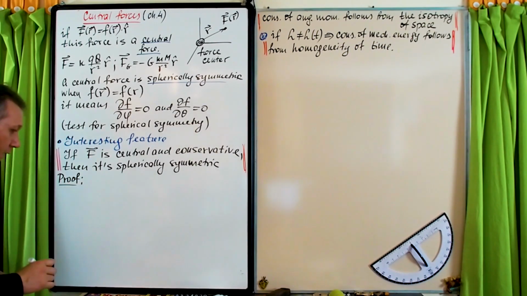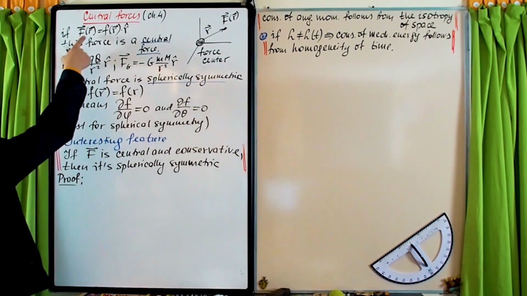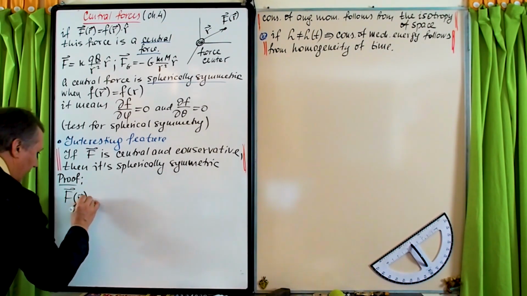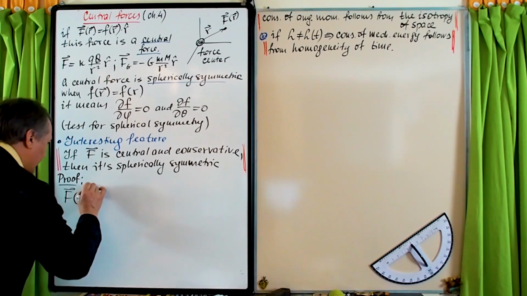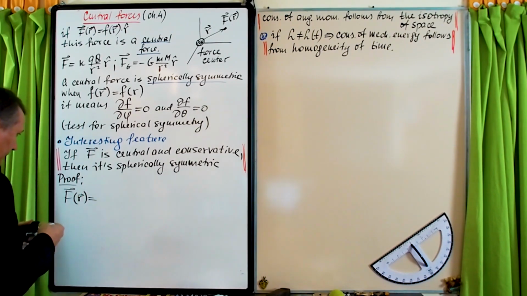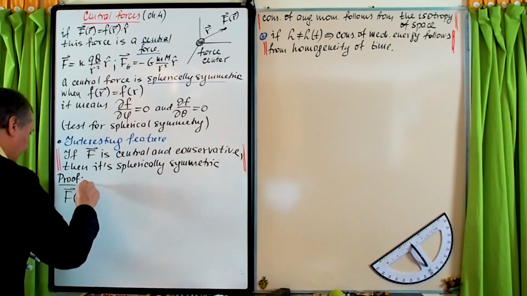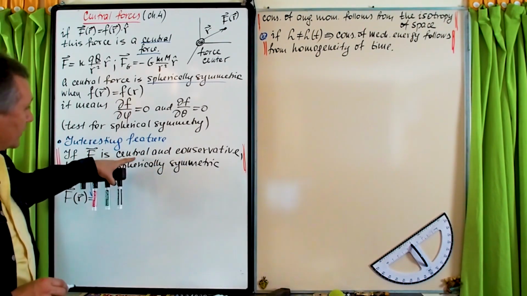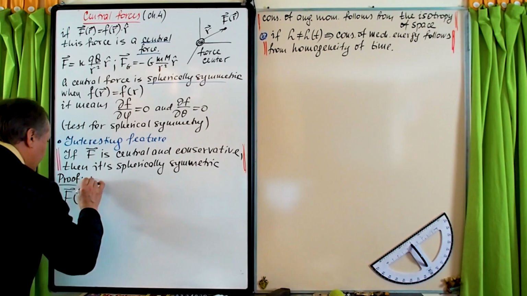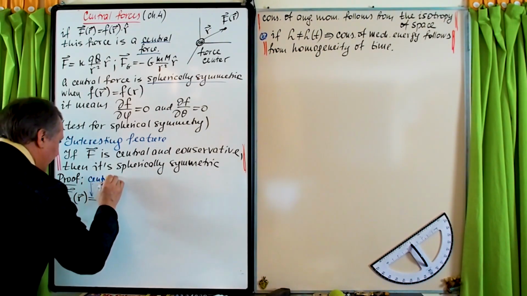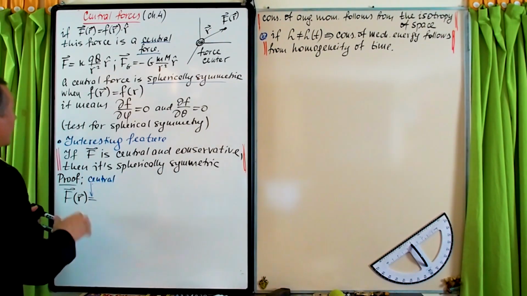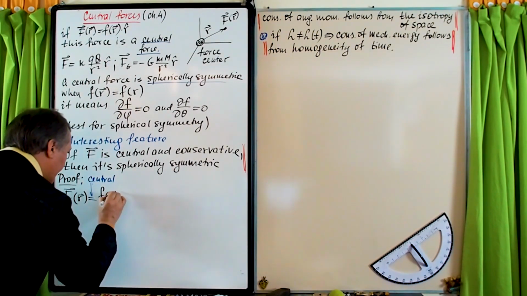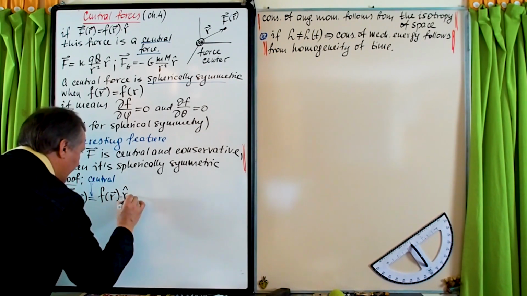Proof. So F, our force, as a function of R. Because we have two conditions, force central and conservative, first let's use the fact that it's central. At this point, I use the fact that it's central, and I can write it this way: F as a function of R times R hat.